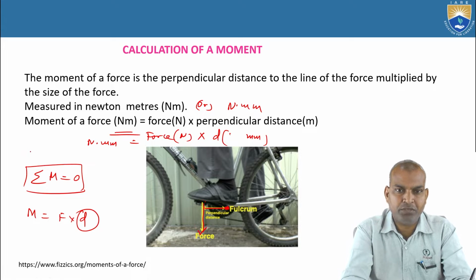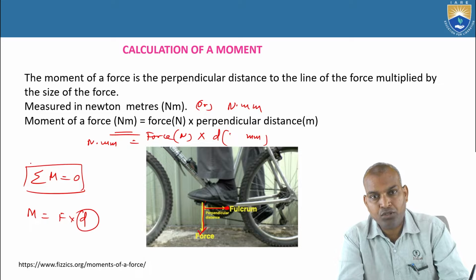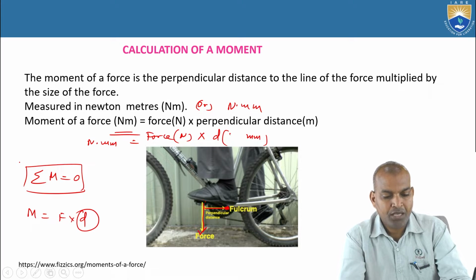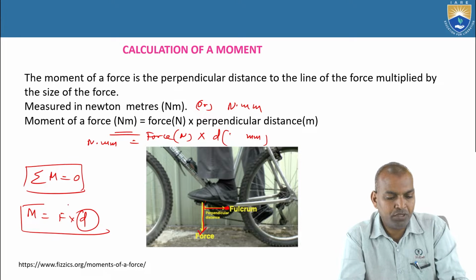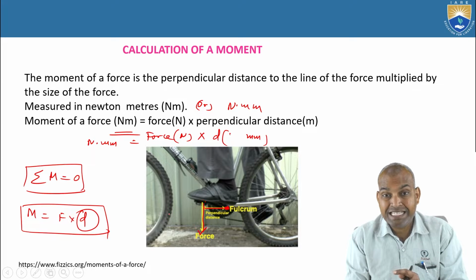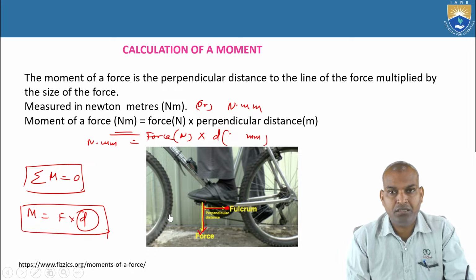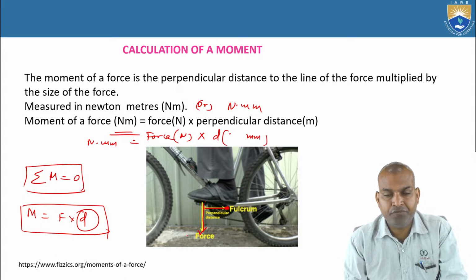Because of the action of the force, the effect of that force gives the rotary motion. So the moment M equals F into D. Thus we can calculate the moment of a force. It is not momentum. Momentum is entirely different from moment.